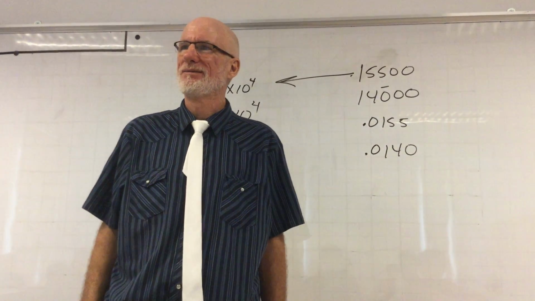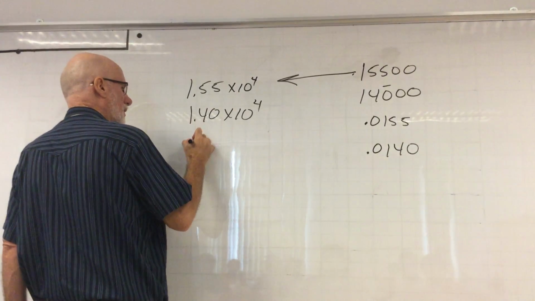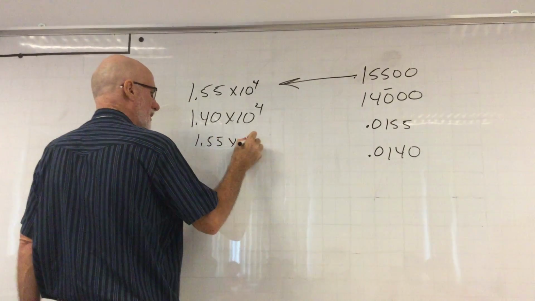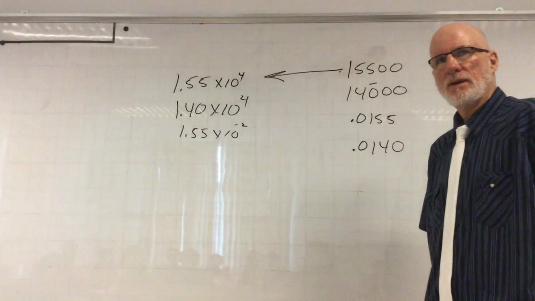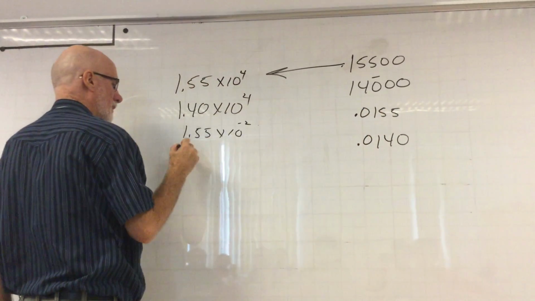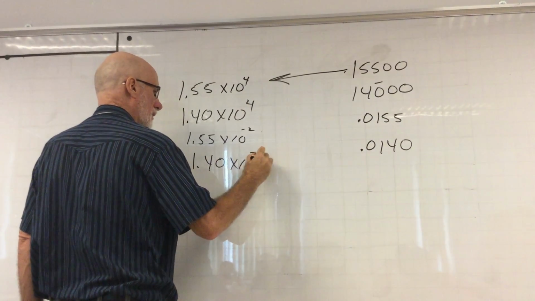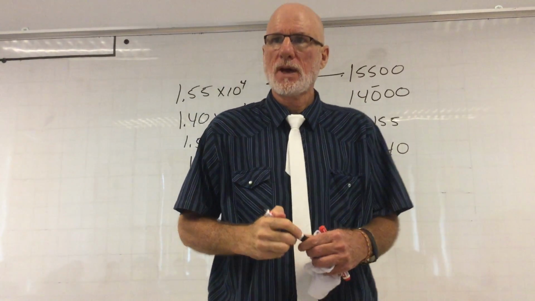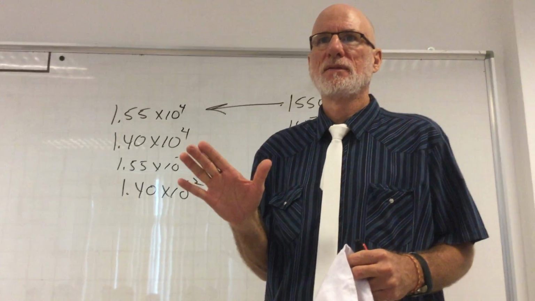It's not significant. So it's going to be 1.55 times 10 to the negative 2. You get that? Okay. This one? That's it. Okay? That's scientific notation. That's it.